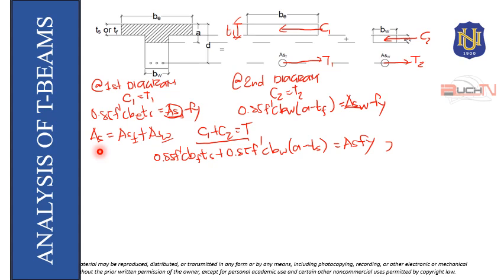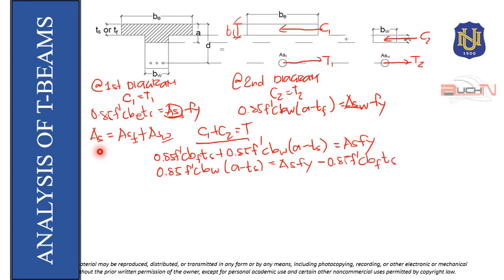So that will become 0.85 f'c b_w (a minus t_s) is equal to A_s f_y minus 0.85 f'c b_f t_s.